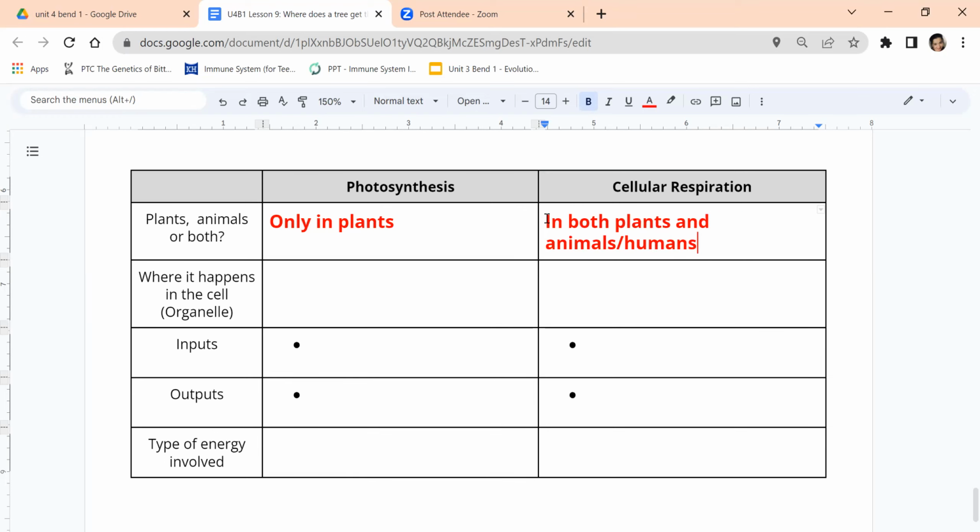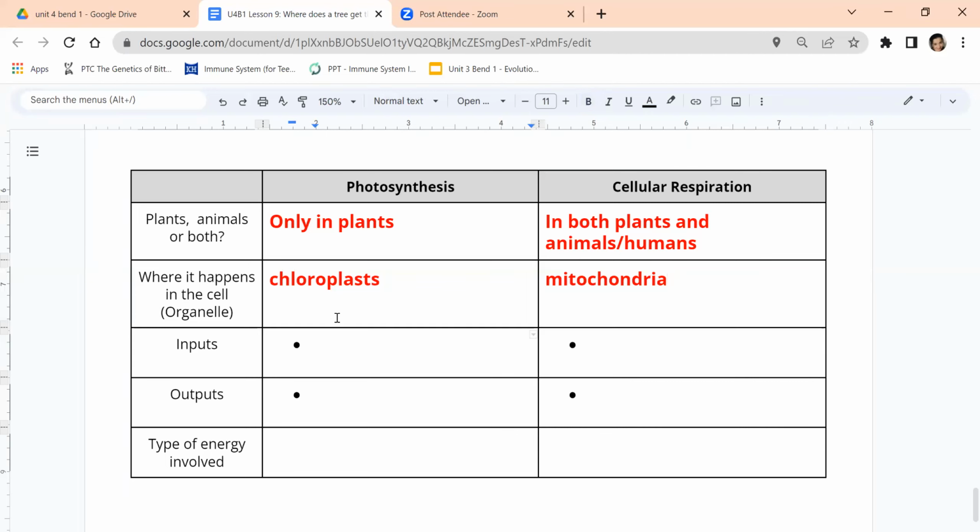So humans are counted in with the animals. We are in the animal kingdom. So where does it happen? Well, photosynthesis happens in the chloroplast, and cellular respiration happens in the mitochondria.